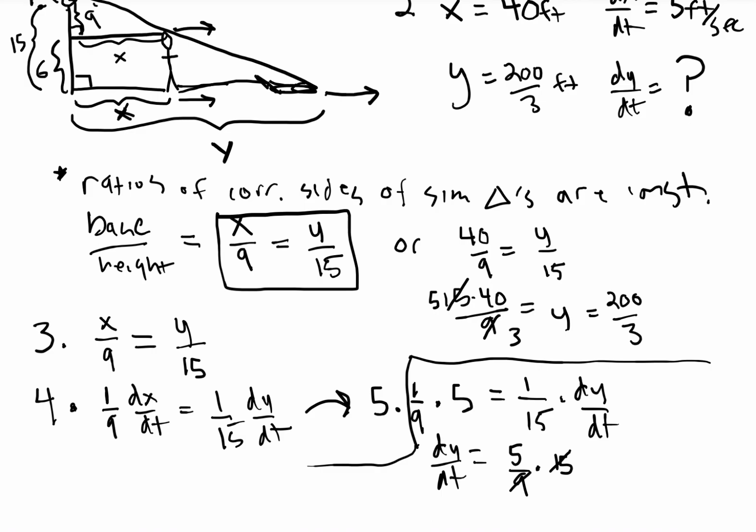Again, I can simplify this just a hair and get 25/3. If I'm looking at my units on my rate, y was supposed to be measured in feet, and time was measured in seconds. If I was wondering how fast the tip of his shadow was moving away from the light post, this is going to be my answer. It's moving away at 25/3 feet per second.